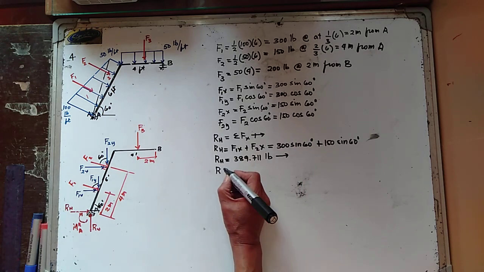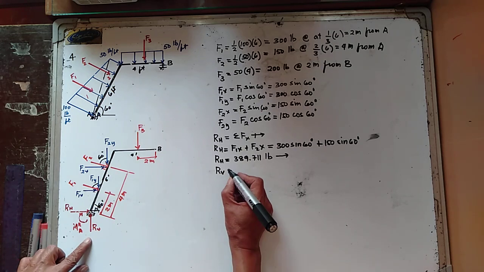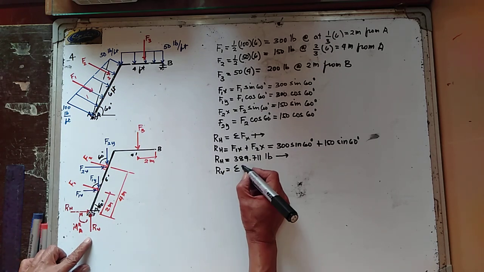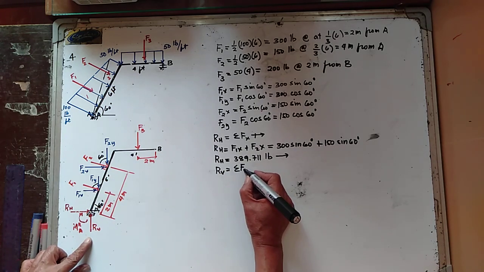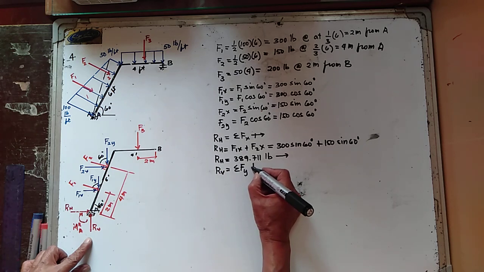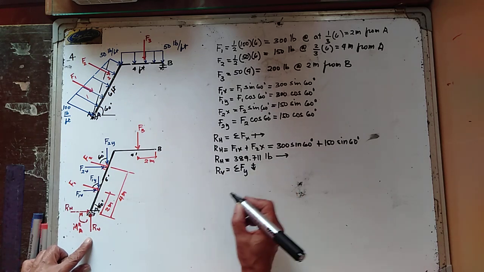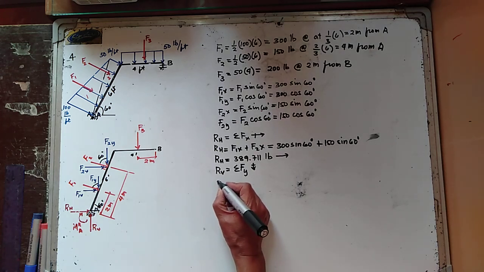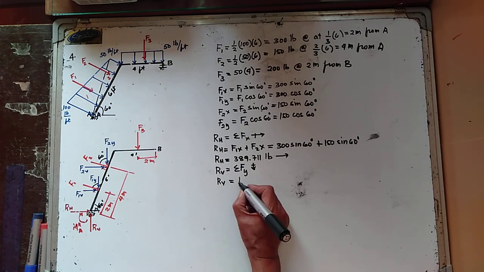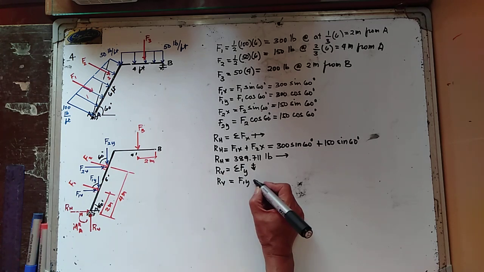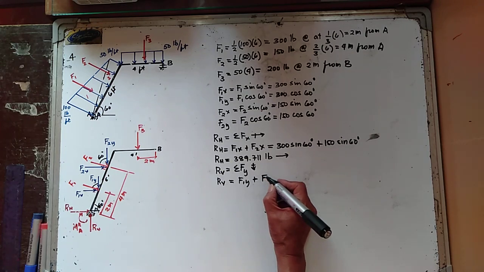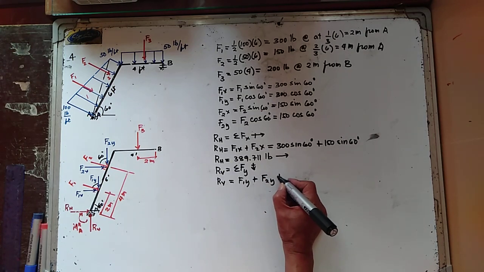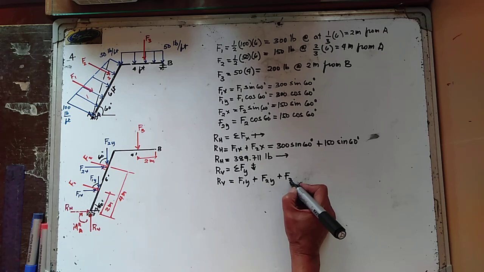Your R vertical is equal to the summation of forces in the vertical direction. This time, I'm going to consider downward forces as positive. So this is equal to F1y plus F2y plus F3.